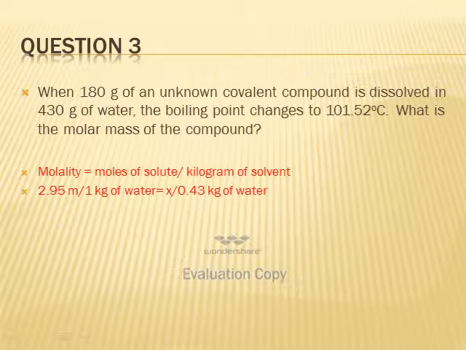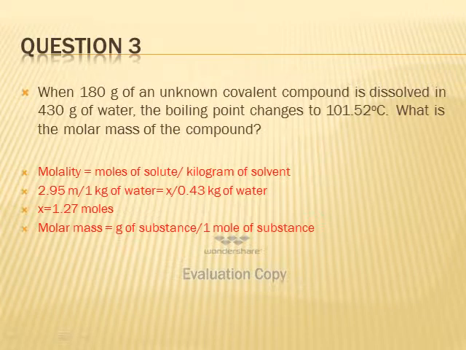Isn't that the ratio problem that we can easily do? Set up the equation and our answer is 1.27 moles. Now it's the easiest part. Divide number of grams of a compound by the number of moles. The molar mass is equal to 142 grams per mole.